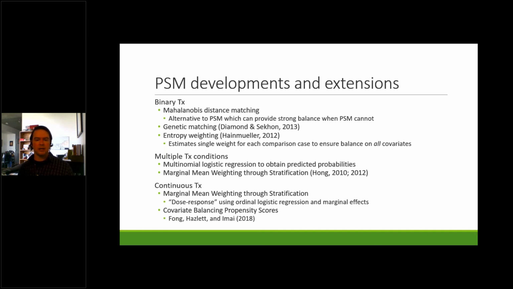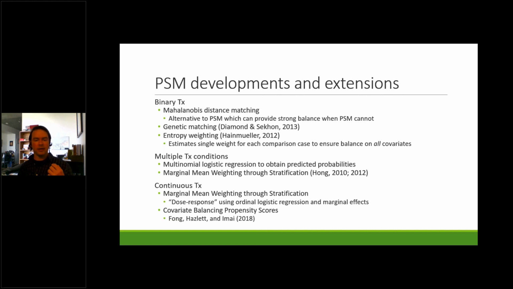Entropy weighting by Hainmueller estimates, this is a really new thing, and I haven't seen it really used anywhere except in a couple of seminars. I've used it myself several times, and it estimates a single weight for each comparison case to ensure balance on all covariates and cases. This is also an iterative algorithm, and I'm still trying to wrap my head around the actual math of this particular technique.